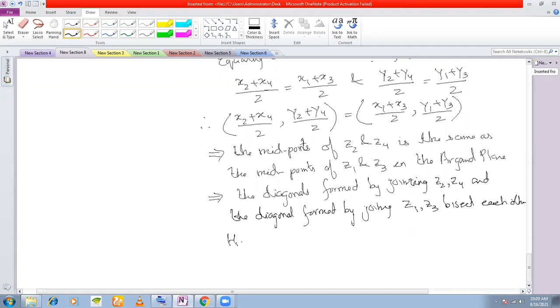Hence, Z1, Z2, Z3, and Z4 represent the vertices of a parallelogram.